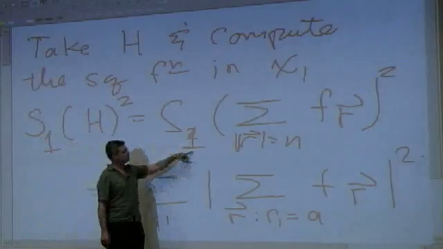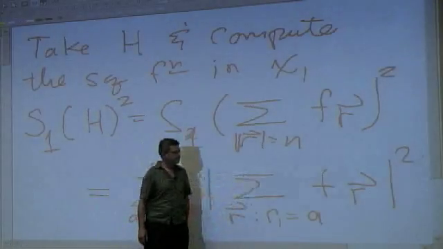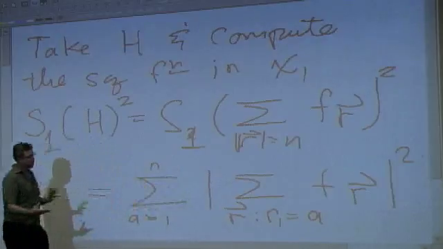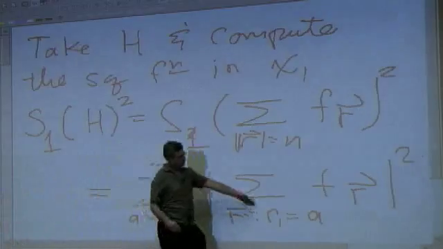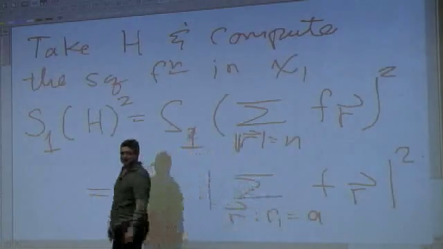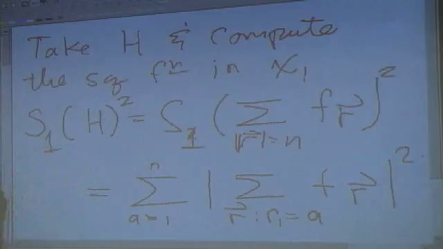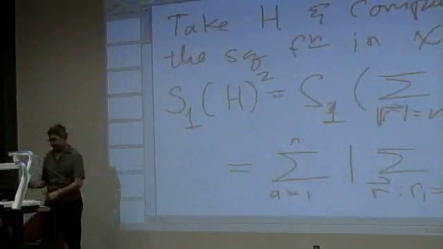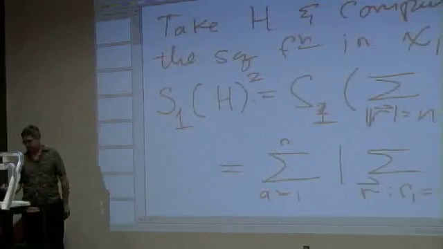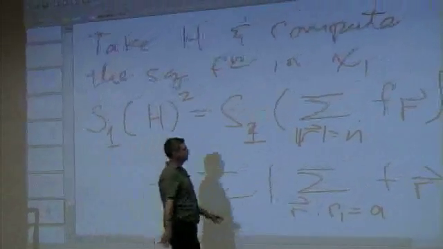So the square function computed in the first coordinate just means you look at the Haar coefficients in the first coordinate only. The Haar coefficients in the first coordinate are determined completely by this. Well, so square it out.